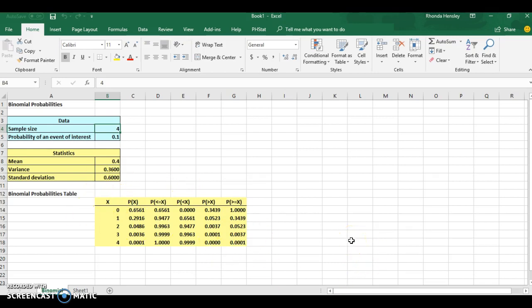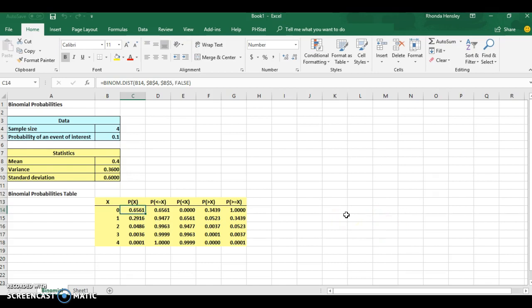So in this problem, example 5.2, they asked you to find the probability of greater than or equal to 3 occurrences out of 4. That is this number right here. So 0.37% chance of that occurring, really small probability. If they had asked you for the probability of 0 occurrences out of 4, it would have been this number over here, 65.61% chance.